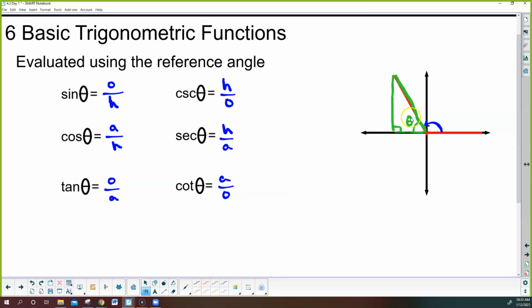And now, because we know what this angle is, we know which side is opposite, adjacent, and hypotenuse, and we also know the sign. If I move to the left, this is a negative. If I move up, this is a positive. And just so you know, the hypotenuse will always be positive because if I did Pythagorean theorem and I squared these two sides, my answer would always be positive. So this is what you need to use to answer the following problems.